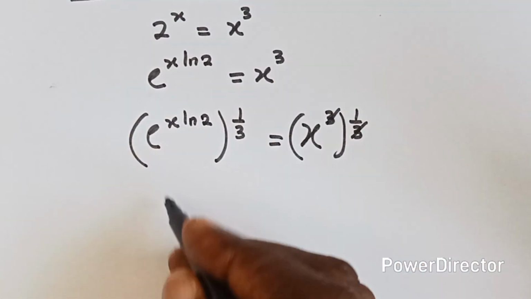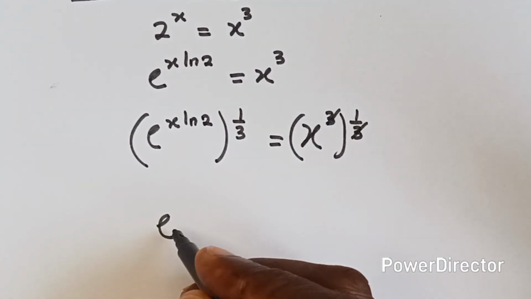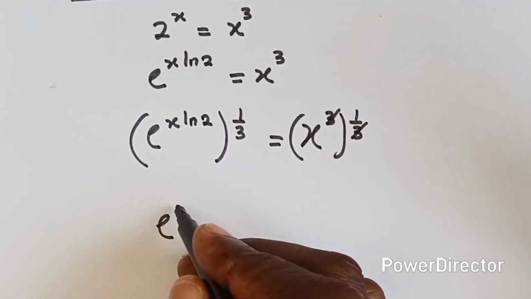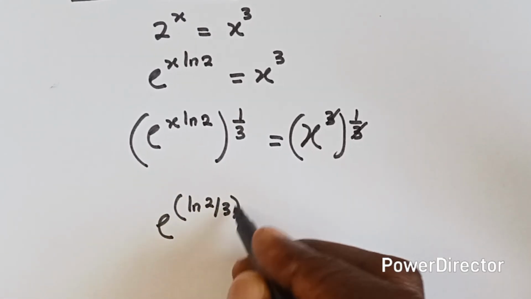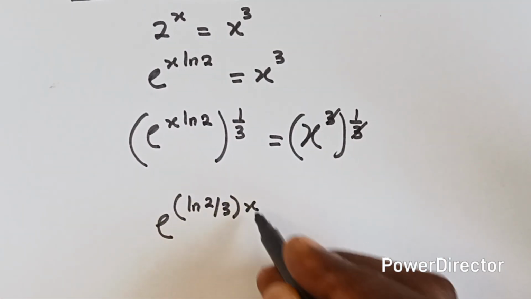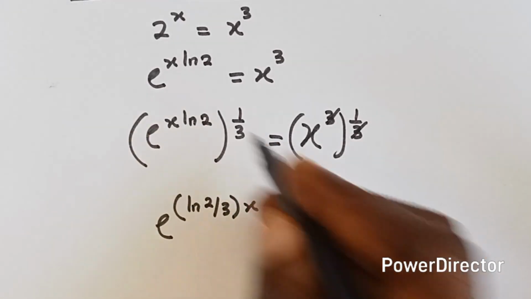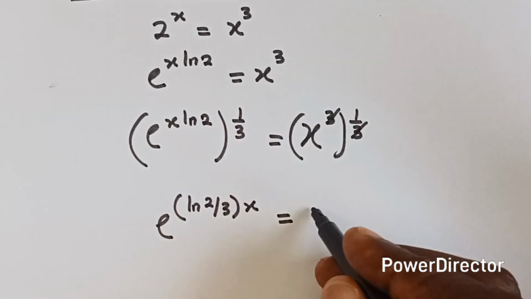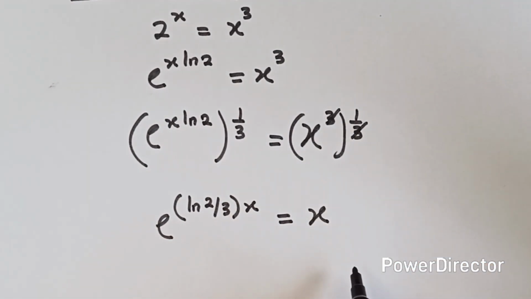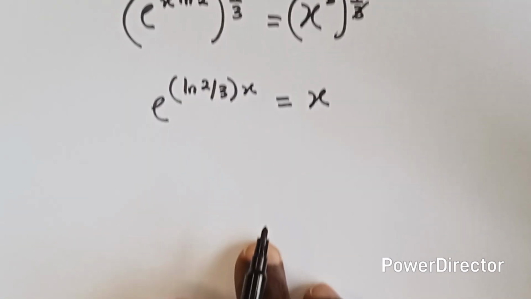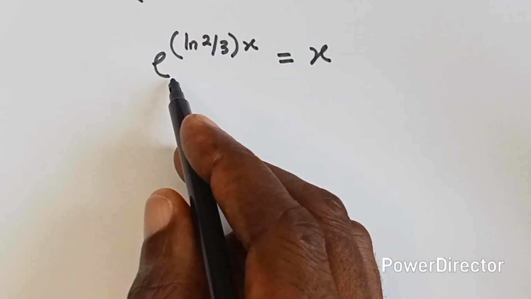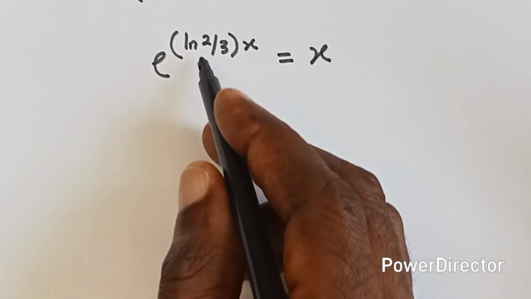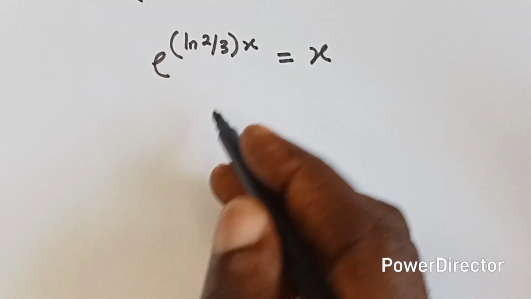Now, another way to write this is we can write it as exponential raised to power ln 2 divided by 3, and the x can come out here. This is the same thing as this. Everything equals to x raised to power 1 left. Now, let's divide both sides by exponential raised to power ln 2 over 3, then x.